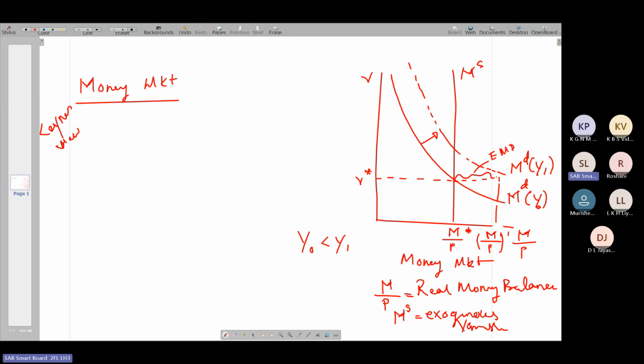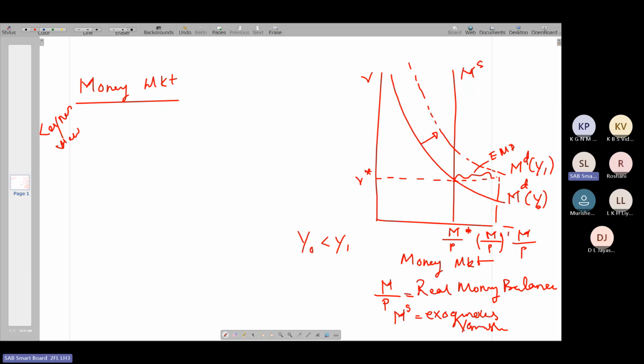At the prevailing interest rate, R star, the interest rate is fixed, it's given. If we assume there is excess money demand, what happens?